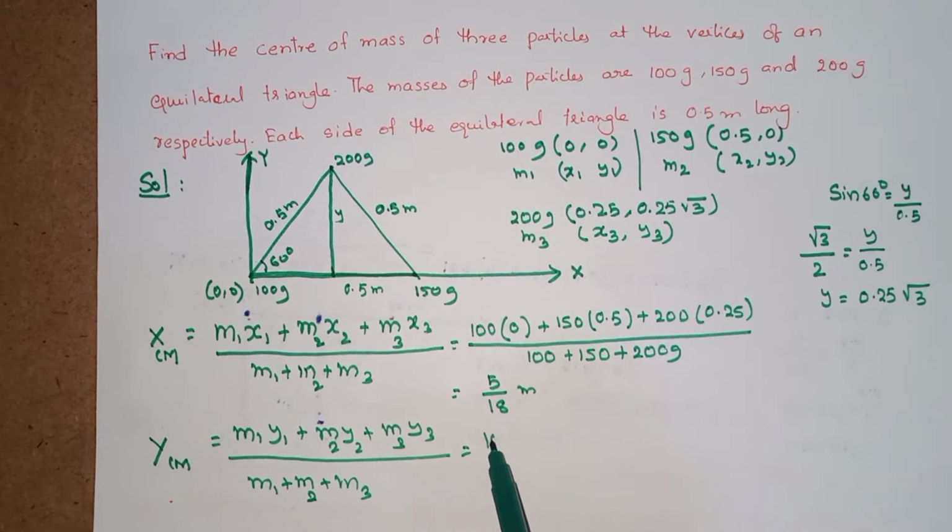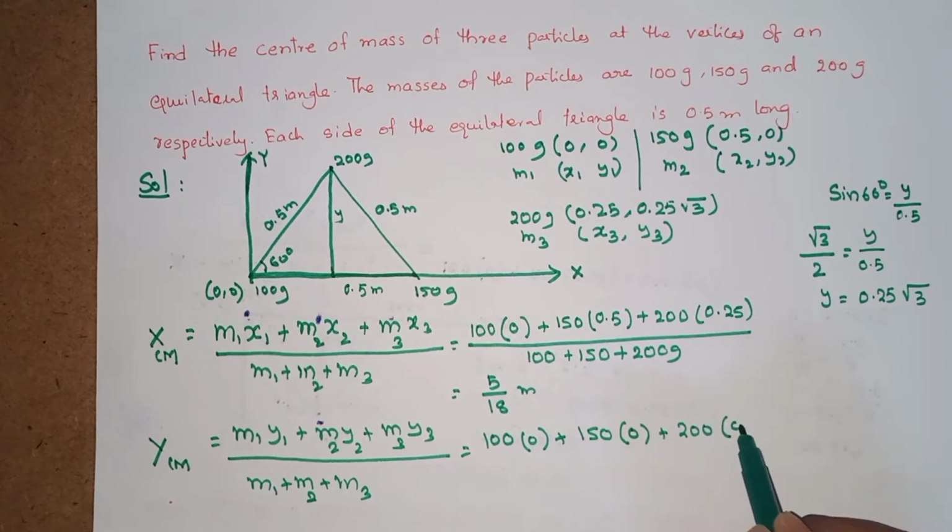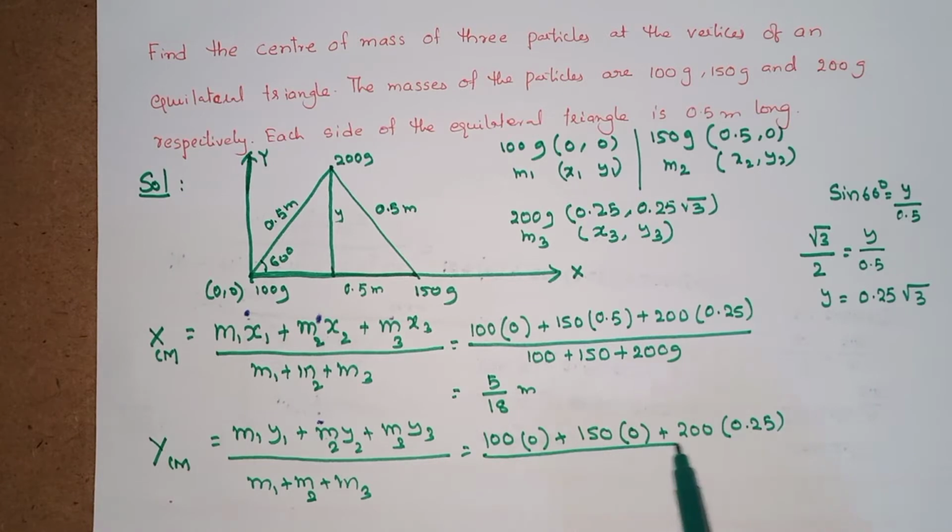Now m1 is 100 with y1 0, m2 is 150 with y2 again 0, and m3 is 200 with 0.25 root 3, divided by 100 plus 150 plus 200.